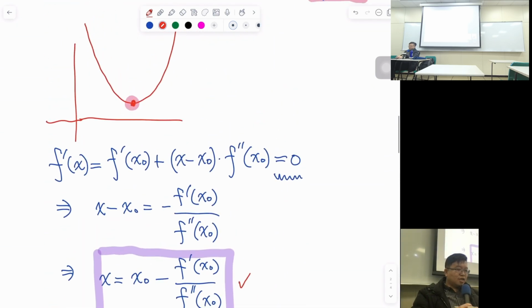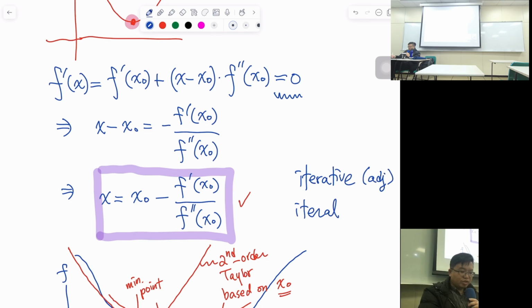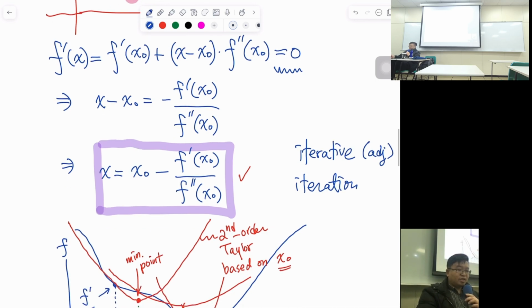Now, I mentioned the so-called iterative, which is an adjective. The noun is so-called iteration. Okay. For Taiwanese, it's called 迭代. It's like plugging into the equation multiple times. Okay? Then there's a term so-called iteration.